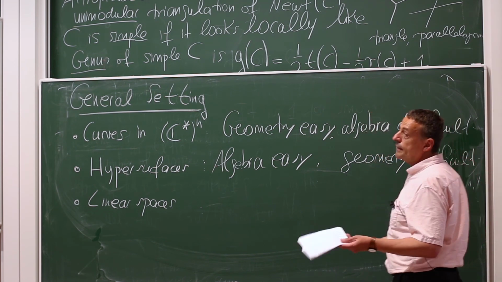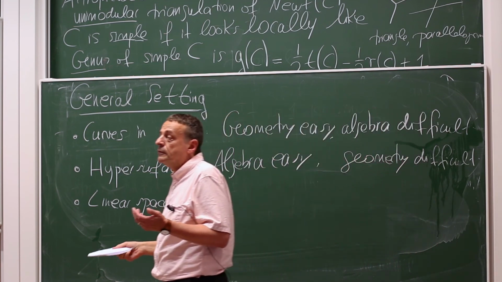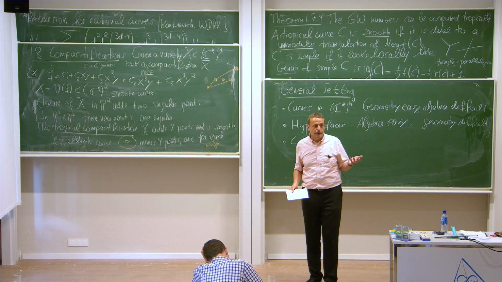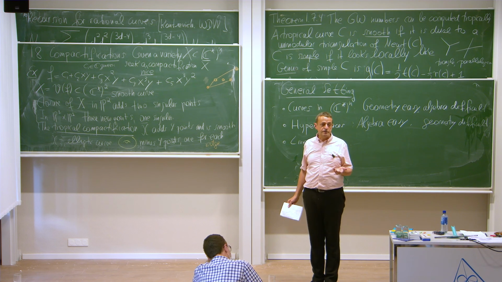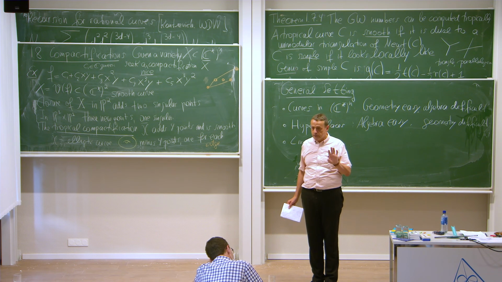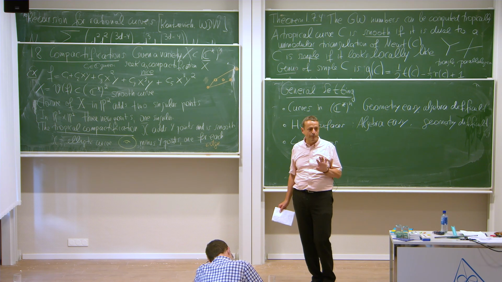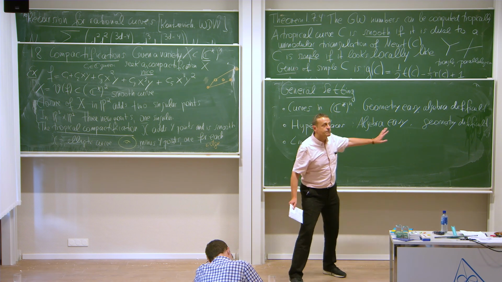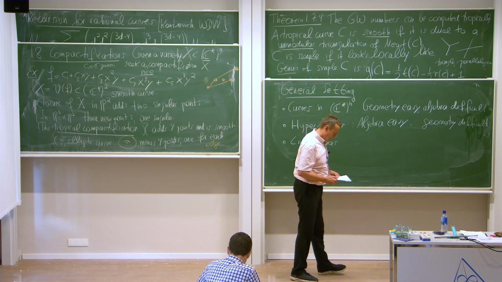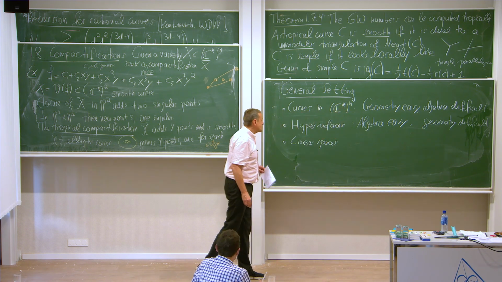If I give you a polynomial of some degree in 5 variables, I look at the variety in C star to the 5, let's say it's smooth, and I ask you to describe the geometry of the compactification, that's more difficult.